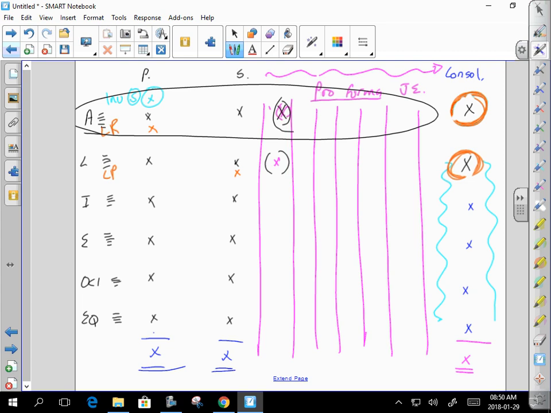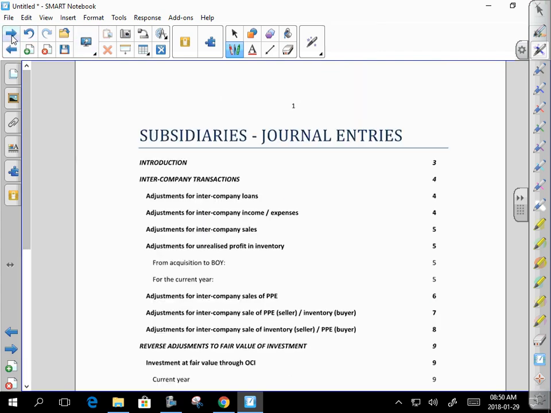All right. And you will see that's what I've got in the material for you here. So if you look at that material over there, that is the bare bones basics. And please understand this. What I've got in there is the basics. All right. So those are the basic adjustments that you need to make. All right.